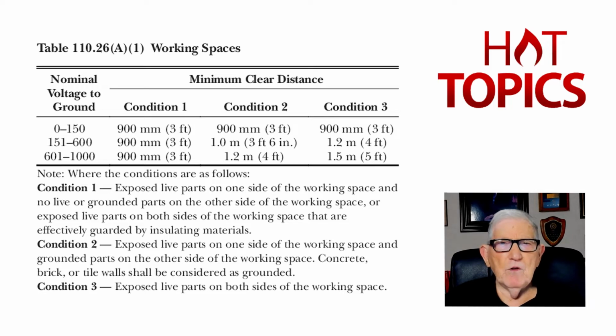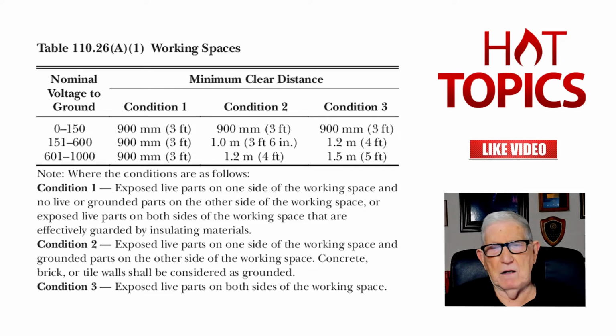But now, reviewing the Table 110.26(A)(1) on page 50, there are three levels of voltage to ground that we need to know. First is 0 to 150, first column to the left of the table. It's 3 foot for condition 1. Now remember, condition 1 is when there's an insulated wall behind your back.